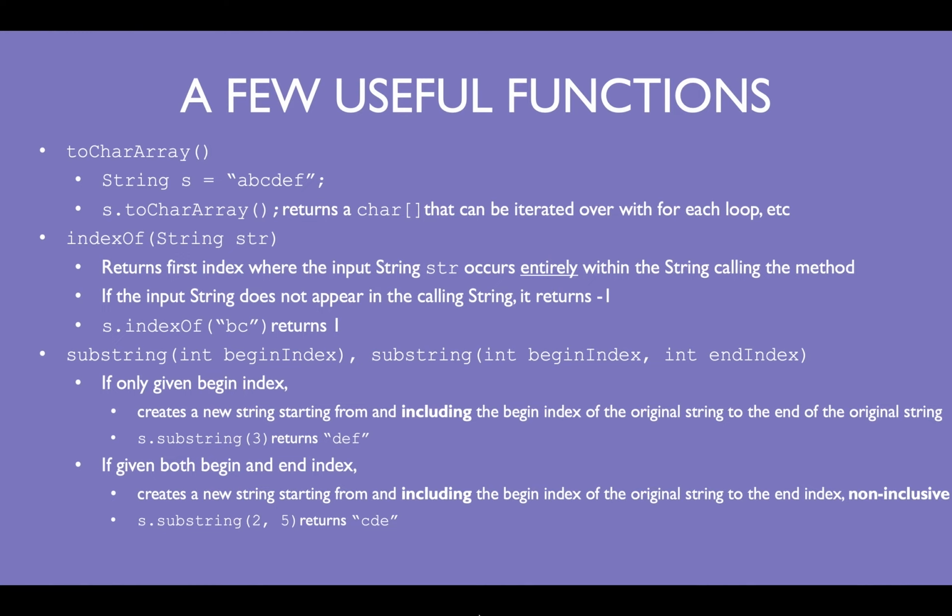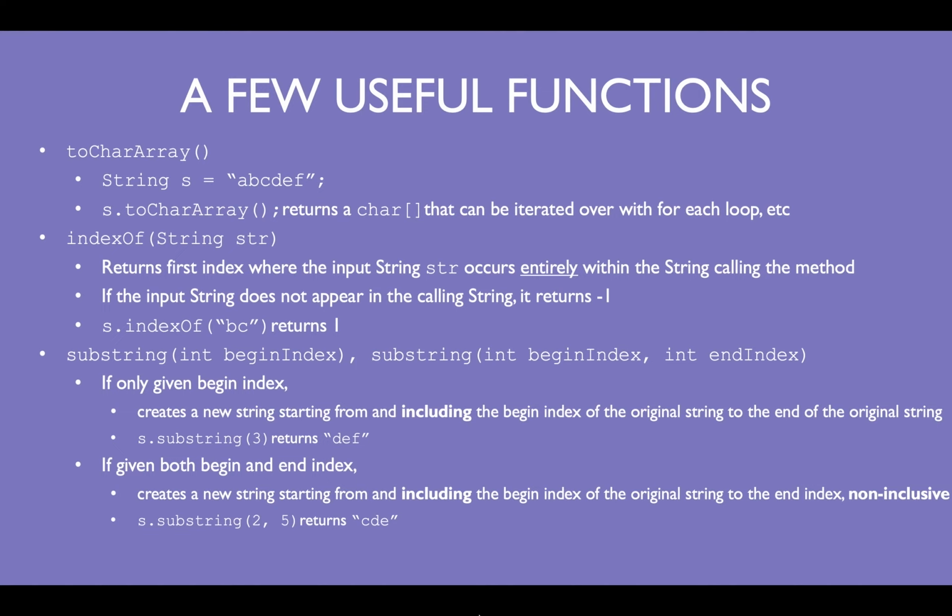And the most important part of this is that the end index is non-inclusive and the begin index is inclusive. So if we call s.substring with 2 and 5, this returns CDE, because this returns the string s starting from and including the second index, which is C (0, 1, 2, which is A, B, C), up until the fifth index.